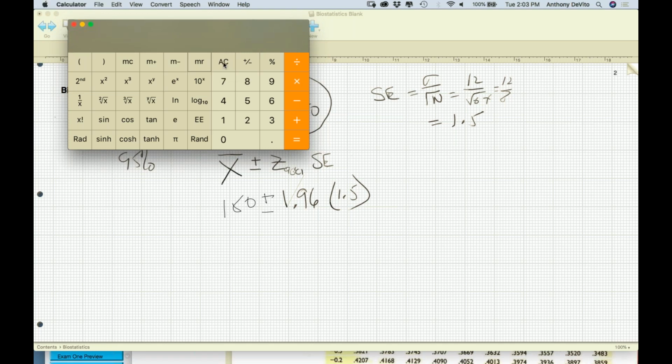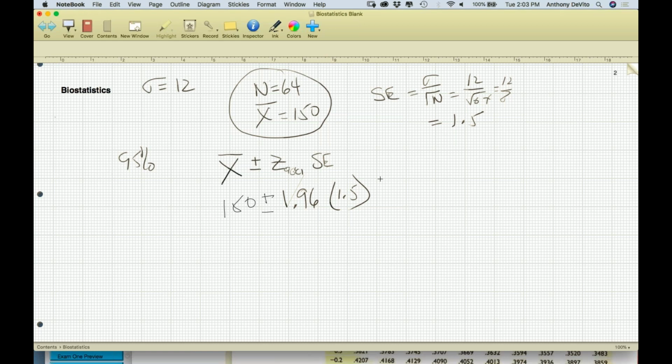So I'm going to clear that out, and it's going to be 150 plus that value, 2.94. Okay, good. Those are our two numbers. I'm going to copy your numbers here. I'm going to say I rounded it off, called 147 to 153, right?